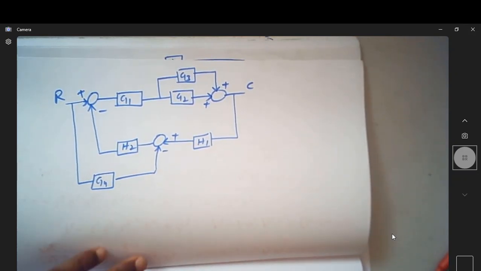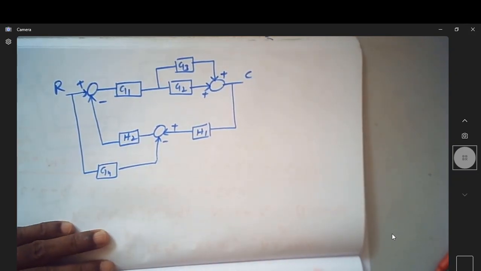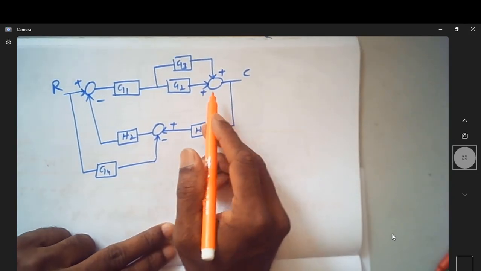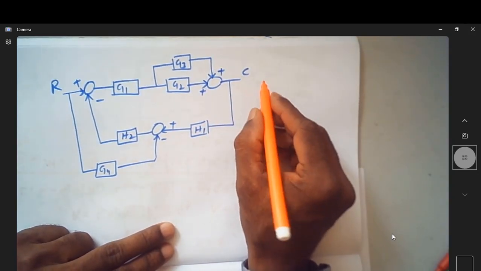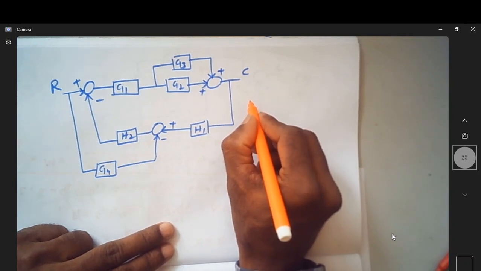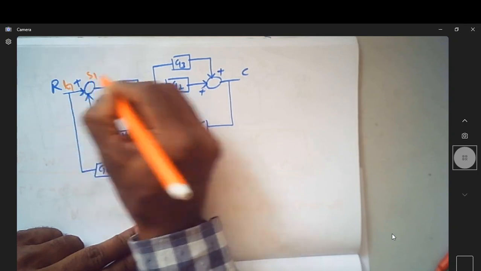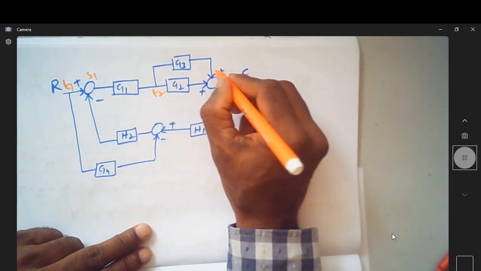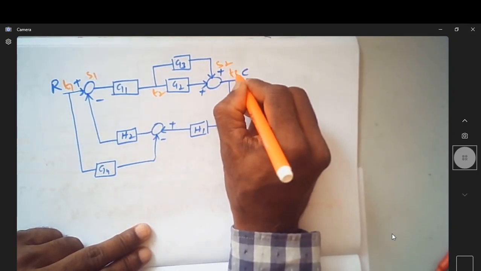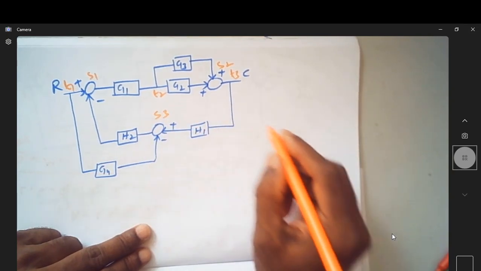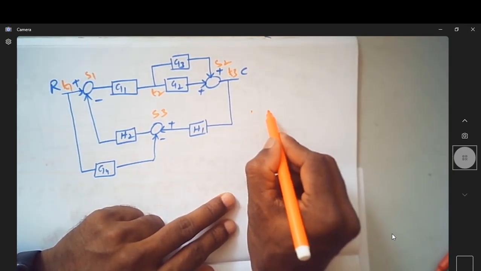Let us move on to the next. Let us do it quickly. It's not at all difficult. Can we write the loops? This is T1, S1, T2, S2, T3, S3. So can we do it like this?